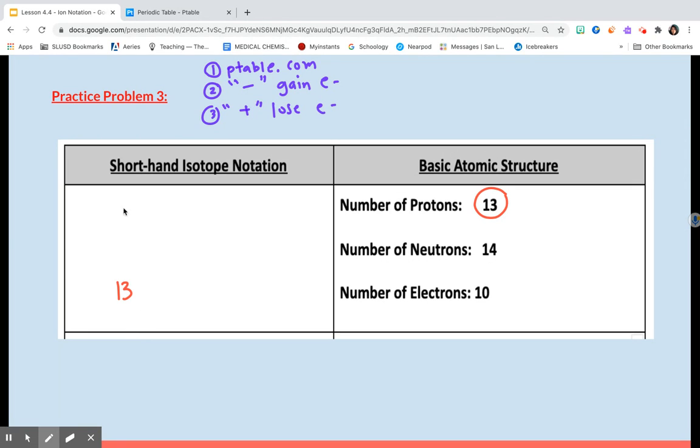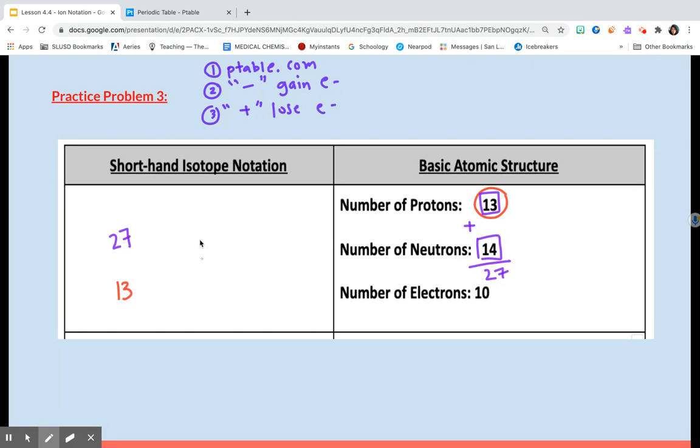Mass is on my upper left-hand side, and that is made up of 2 numbers: my protons plus my neutrons, right? So 3 plus 4 is going to be 7. 1 plus 1 is 2. So 27 is going to be my mass of this element.